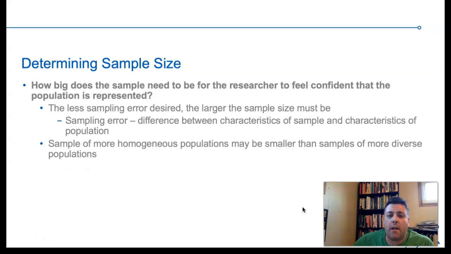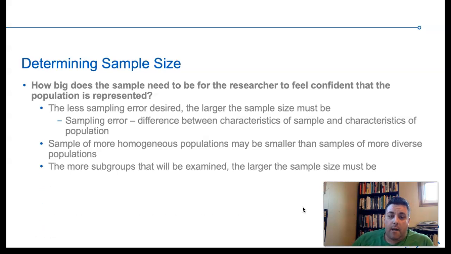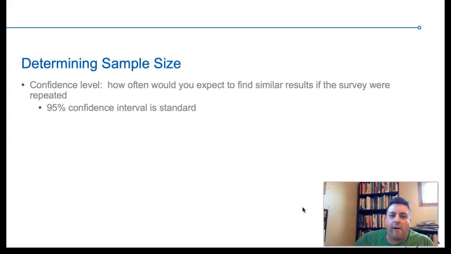Depending on the homogeneity or similarity of the population, we can sometimes get away with smaller samples. But if a group is particularly heterogeneous, that is going to increase our sample size. The more subgroups we want to examine, the more divisions we want to make in our sample, the larger the sample size must be.